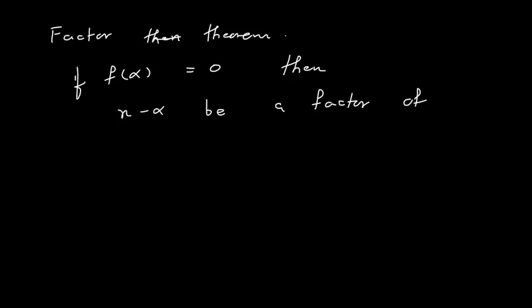So if f of alpha is 0, then x minus alpha will be a factor of f(x). Simple. This is your factor theorem. So you understand what is remainder theorem.